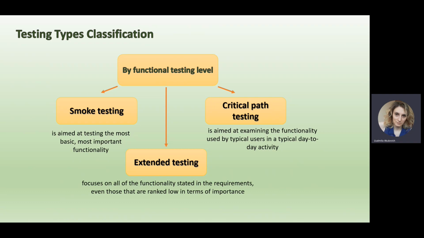So this is an extended scenario, and these kinds of scenarios are tested under extended testing. So smoke testing is the most crucial functionality, critical path testing is typical users' behavior, their daily interaction with the site, and extended testing covers low-ranked features in terms of importance, or rare user scenarios.